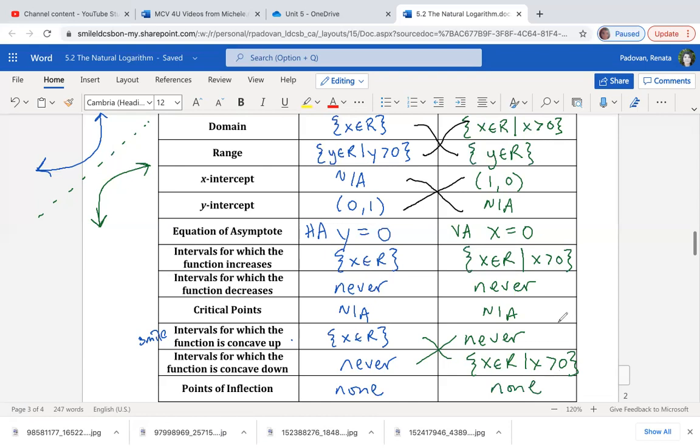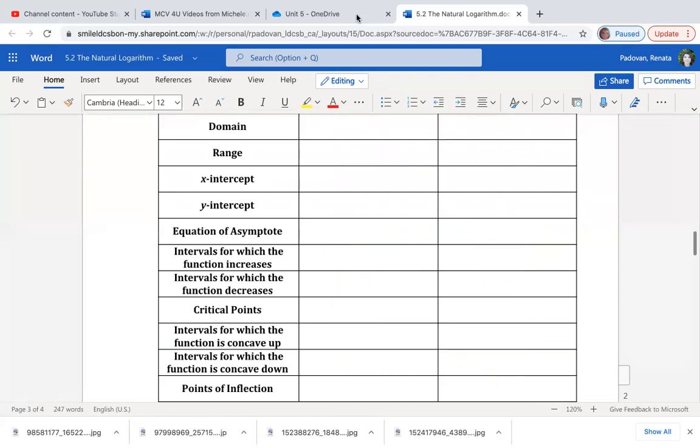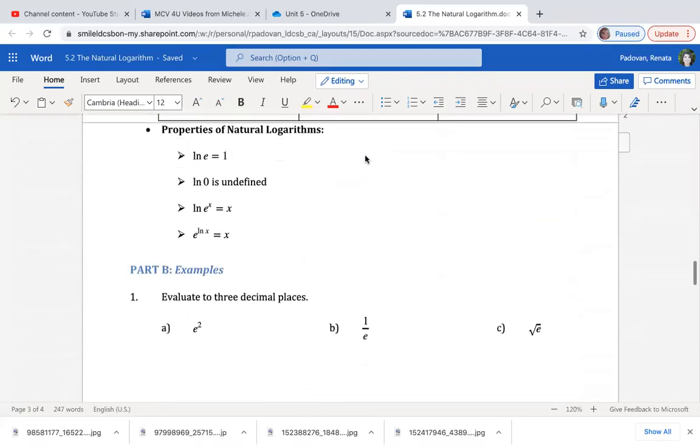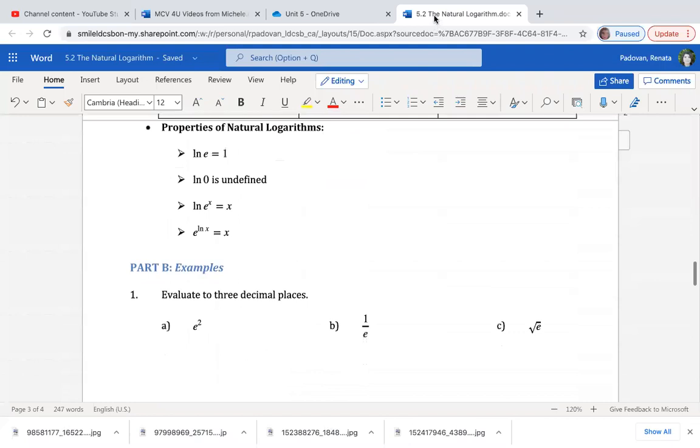Okay, so let's go take a look at some properties, some rules of natural logarithm, our new ln. Properties of natural logarithms. So if I have ln of e is equal to 1.